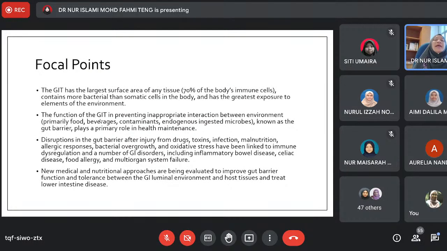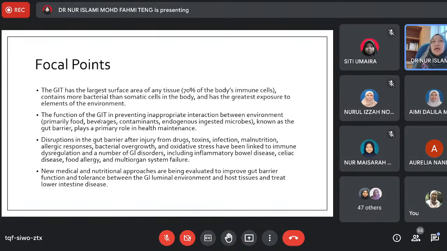Okay. So tadi you may feel overwhelmed, banyak sangat nama disease, but yes, there's a lot of disease related to our lower GIT. But don't worry, if you just look back, baca balik betul-betul about the diseases, their etiology might be different from each other.